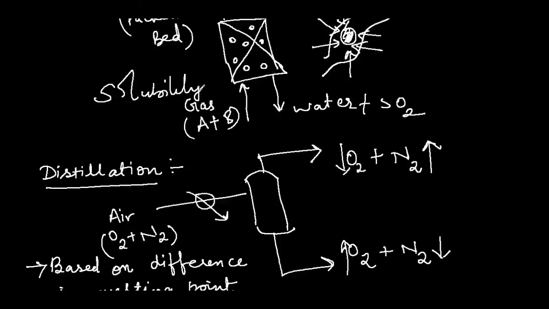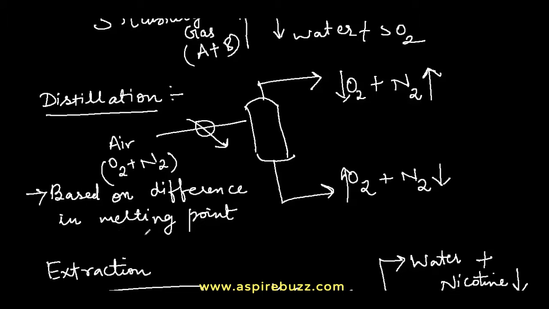Next unit operation we have is distillation. In distillation, suppose you have a mixture of propane and butane, or a mixture of oxygen and nitrogen. First of all you have to convert it into the liquid form, then separate it.